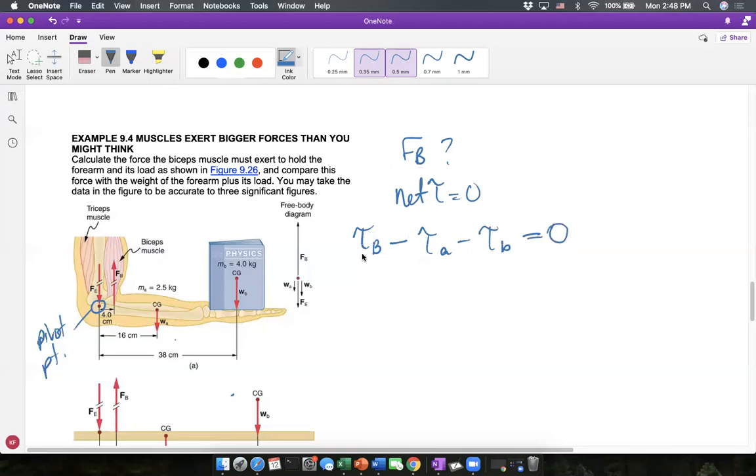Remember our equation is R times F times sine theta. So this is going to be R1 times FB, which is our unknown. And sine theta is just going to be 1 since it's at 90 degrees.